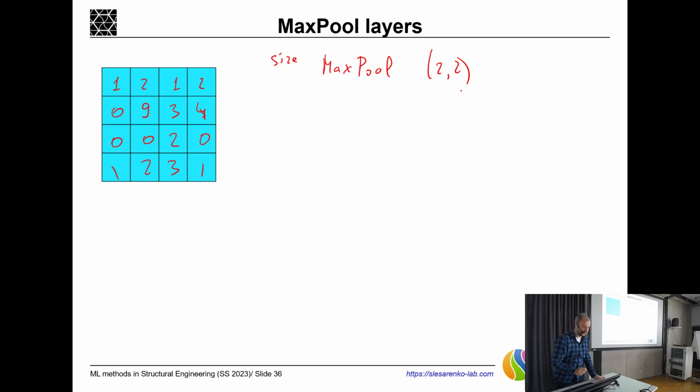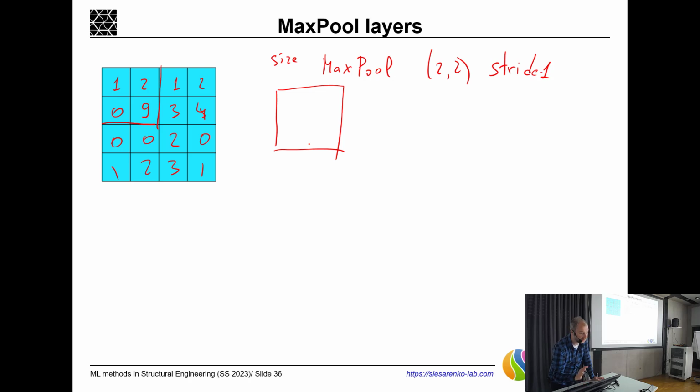What does it do in this case? It looks at the square of size 2 by 2 and just picks the maximum value there. Then it shifts the window and does it again. So at the end, if we do max pooling 2 by 2 with a stride 1, what dimensions do we have at the end? How many elements?